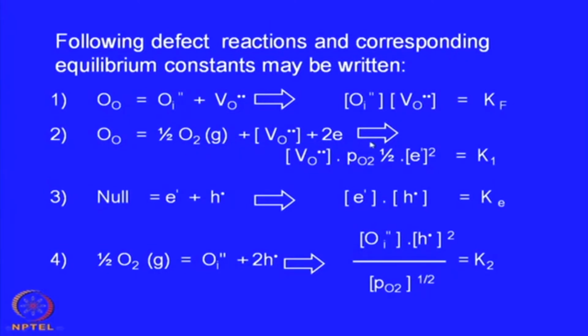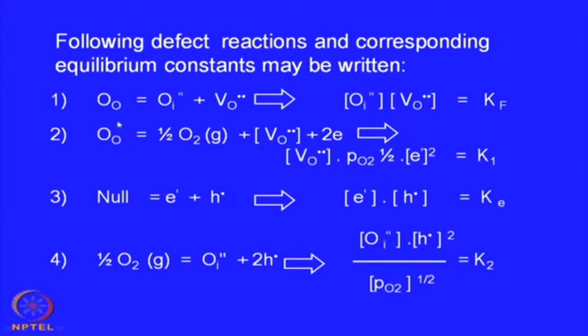TiO2 is oxygen deficient because of the oxygen vacancy, and we wrote exactly the same equation. So, whenever an oxygen vacancy is generated as a result of the reaction between the atmospheric oxygen and the oxygen within the solid, then we write this equation.